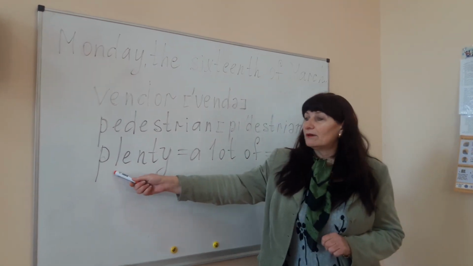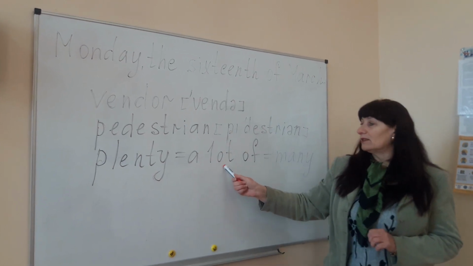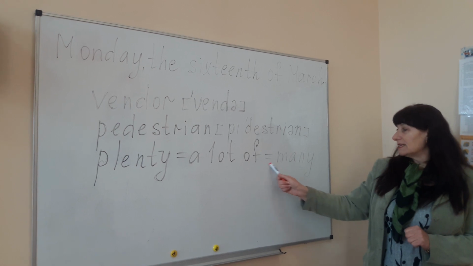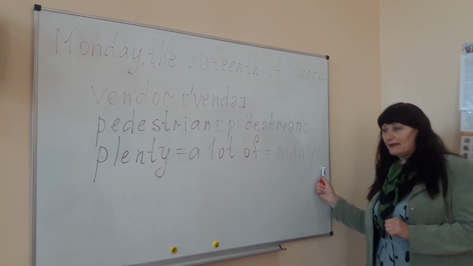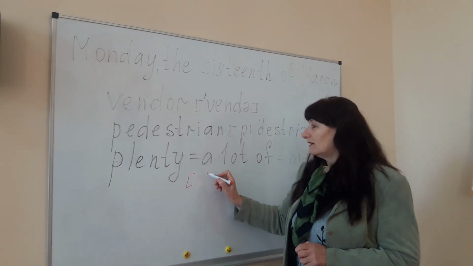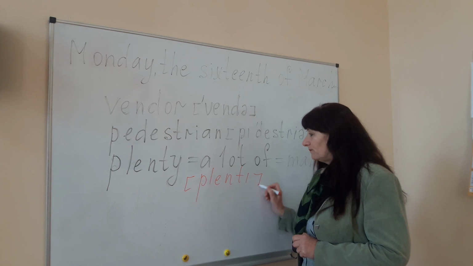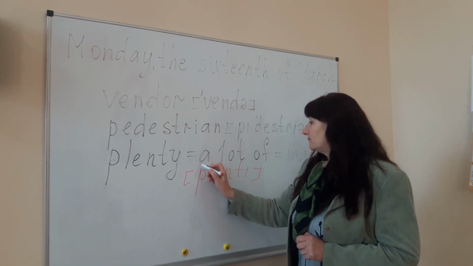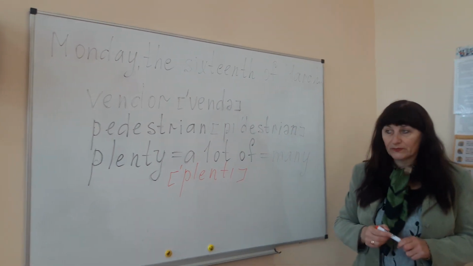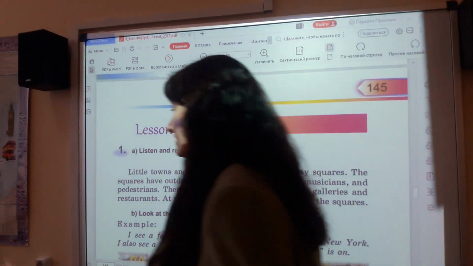And the next word, plenty, is a synonym of the words a lot of, a synonym of the word many. So, write down into your vocabulary the translation of the word багато, plenty. Okay, now let us come back to our text.